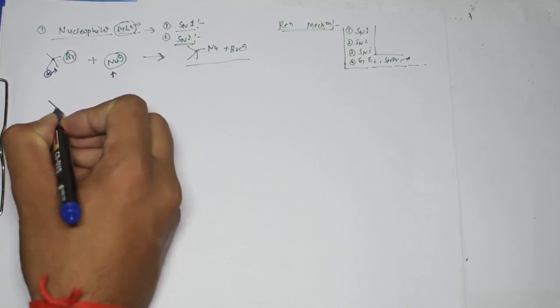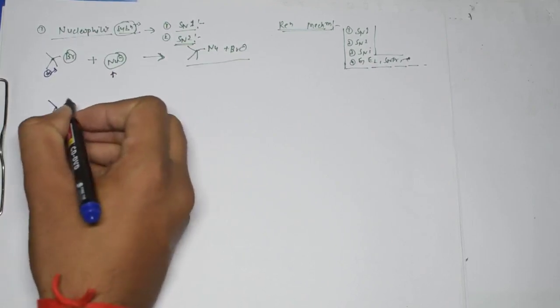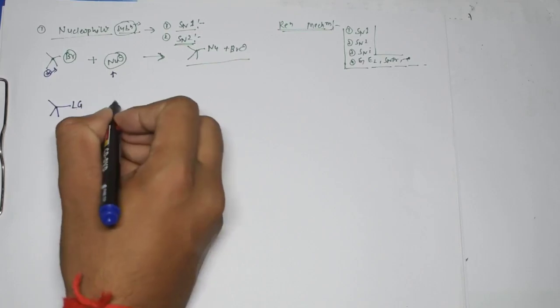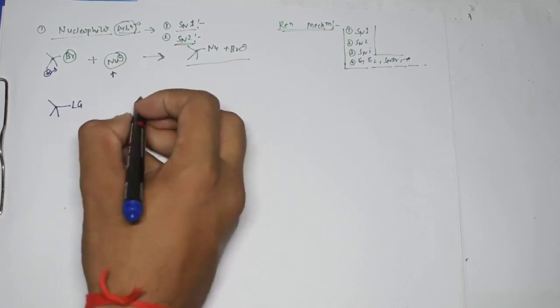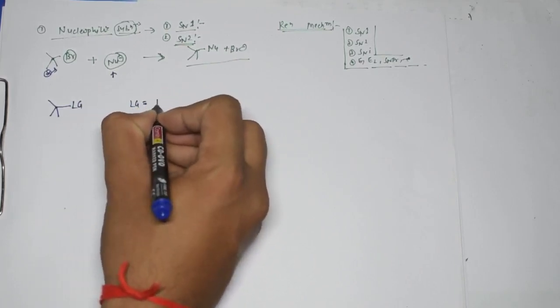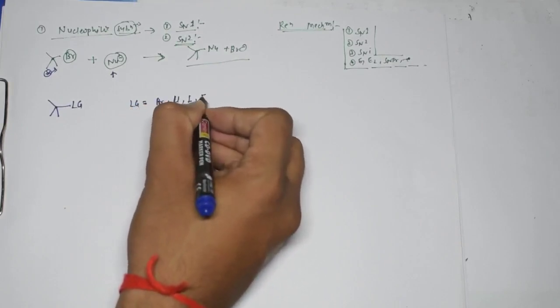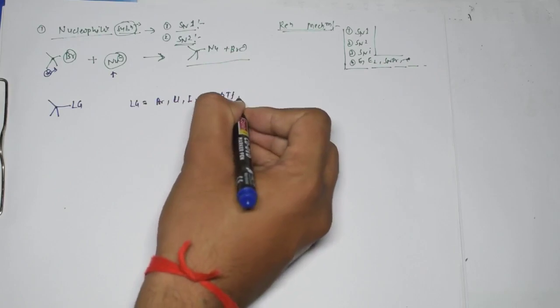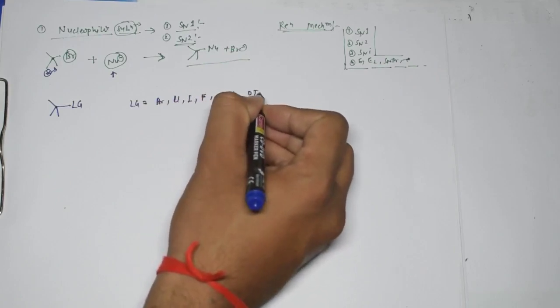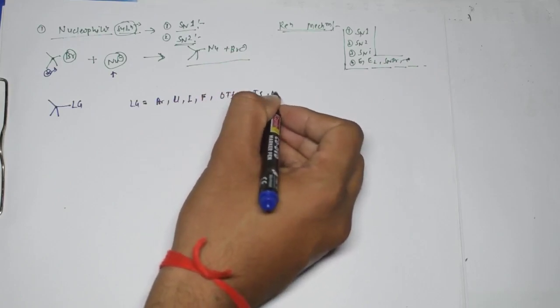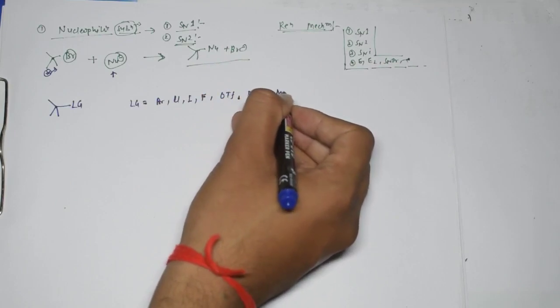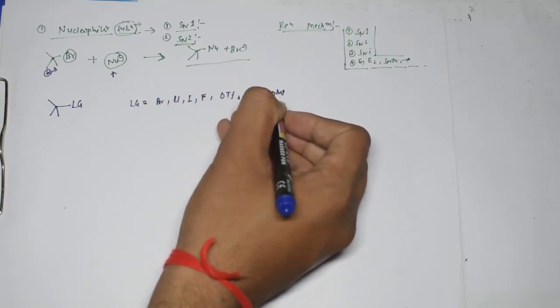More precisely, we have something like this, here any group is present and here we have the leaving group, and this leaving group might be Br, Cl, I, F, OTf, right? And it can also be OTs, OMs.